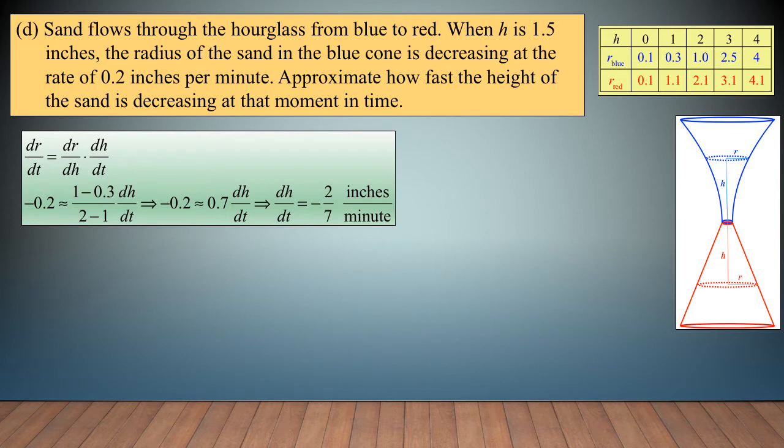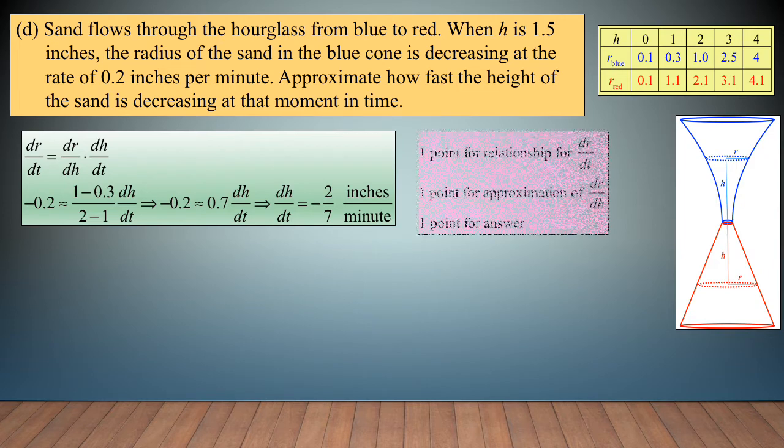However, we do have some points, and we can approximate at h equal to 1.5, dr/dh is approximately (1 minus 0.3) over (2 minus 1), and that gets multiplied by dh/dt. So negative 0.2 is approximately equal to 0.7 dh/dt, and therefore dh/dt is equal to negative 2/7 inches per minute.